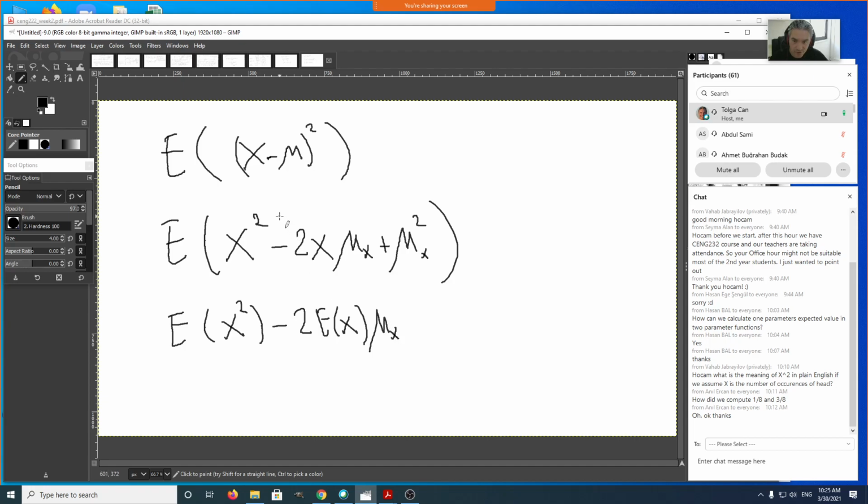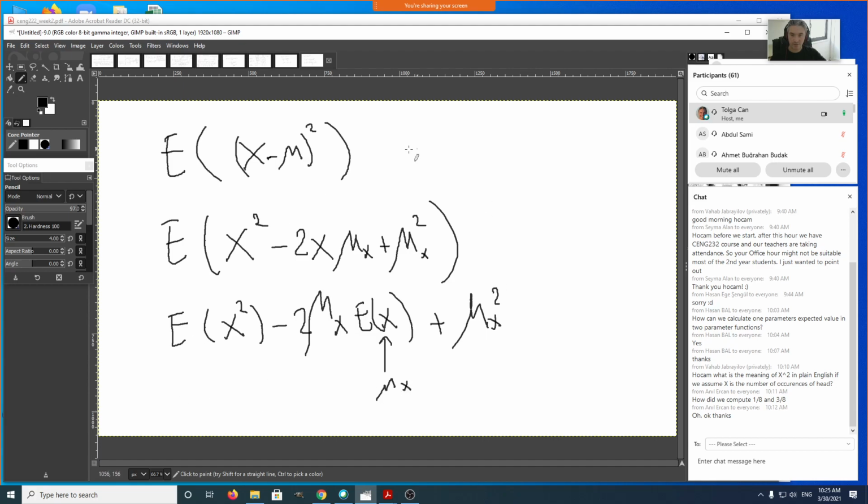Okay, so what you have here is a linear combination. So I can directly take out these constant numbers outside, 2 mu x and expected value of x here, plus this is a constant number, so its expected value is going to be the same thing. So I can replace this with mu x.